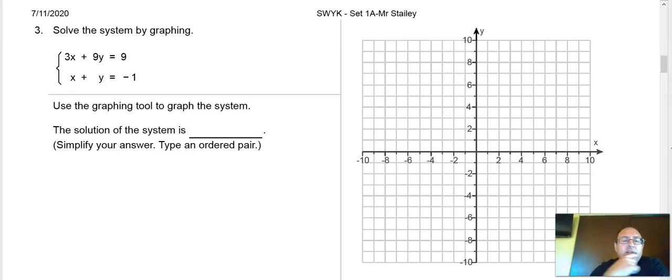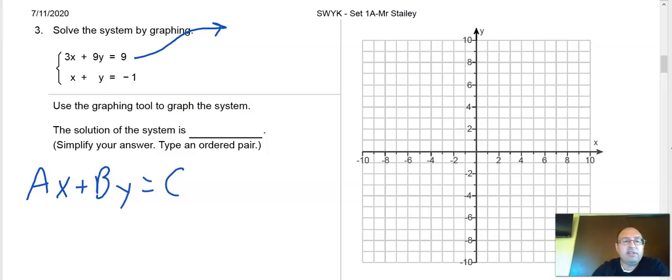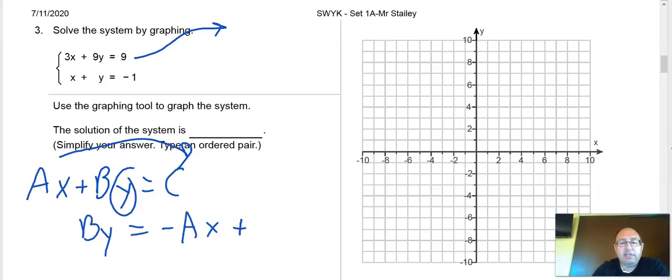In this case, I'm going to have to put them into slope-intercept form. Now, there's another way to handle this as well, and this might be a nice way to do it if you're thinking about SAT or ACT, how to quickly find the slope. If you solve for y by using this really generic form, y equals -ax plus c over b.